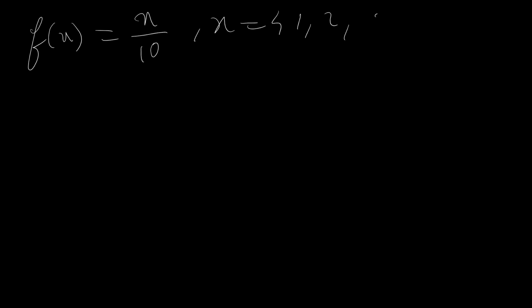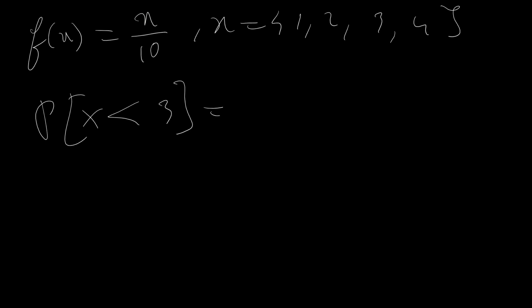Now we can use the probability mass function to answer some questions. So we found that f of x equal to x over 10. x can take the possible values of 1, 2, 3, 4, right? Now, what is the probability that x is less than 3, for example?